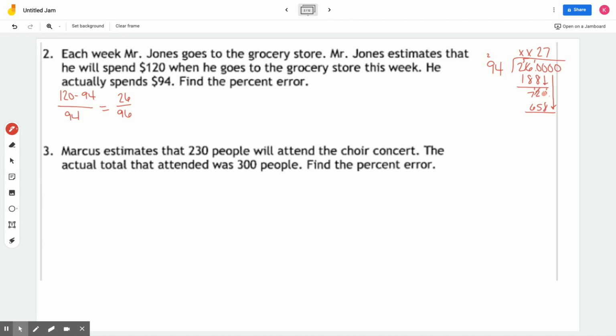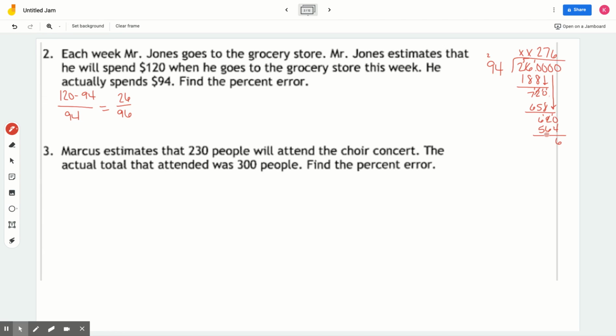When we go to subtract here, 10 take away 8 is 2. 71 take away 65 is 6. Bring down a 0. So 94 can go into 626 times. 6 times 94 would be 564.